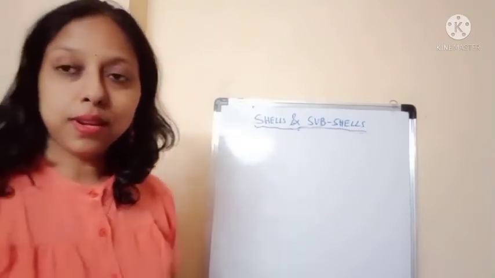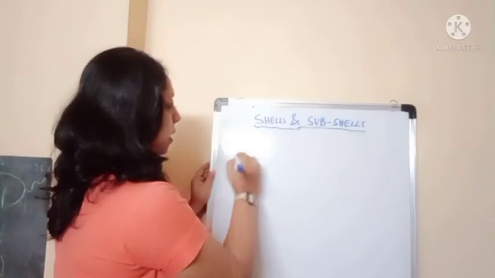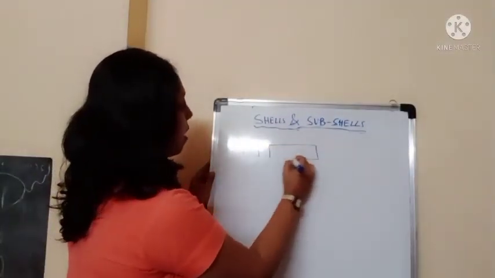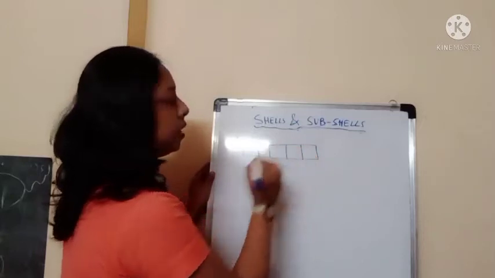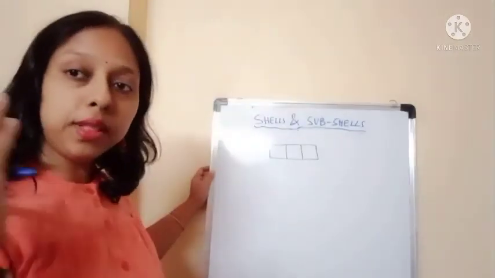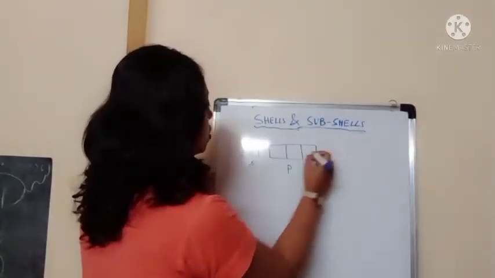Let's start with the s orbital. The s orbital is shown like this. Then there are 3 types of p orbitals, so we show them with 3 compartments. This is the p orbital, and this is the s orbital.